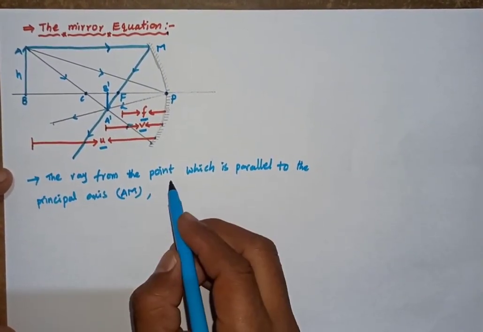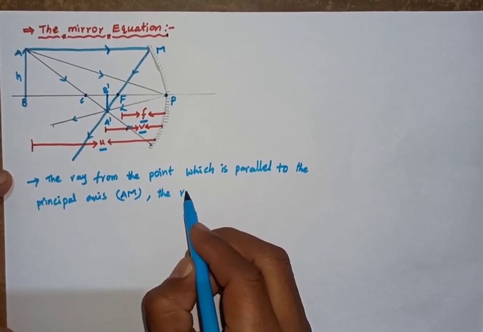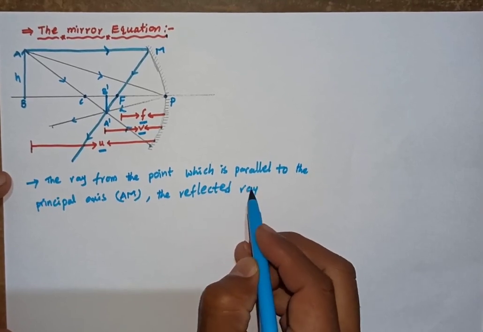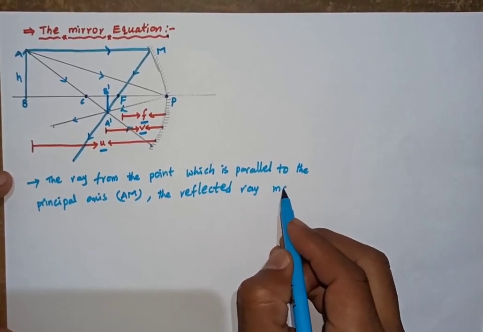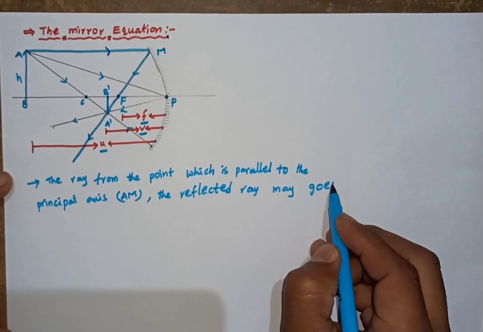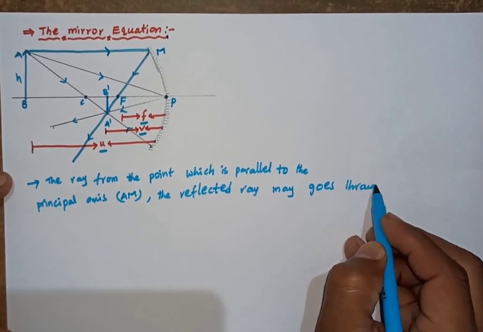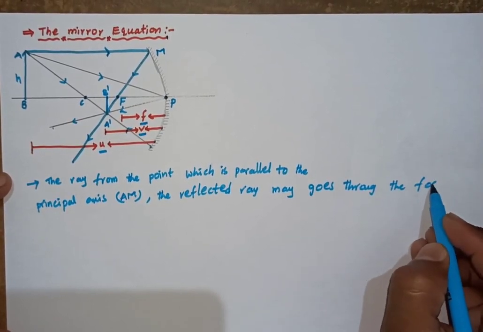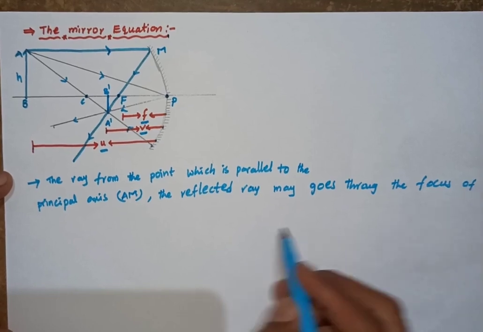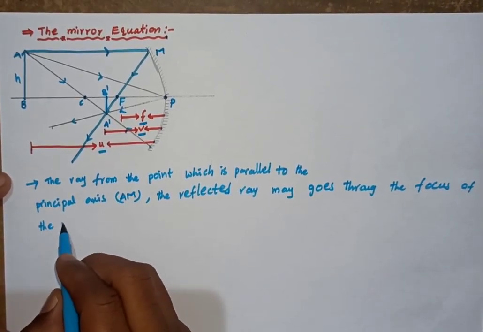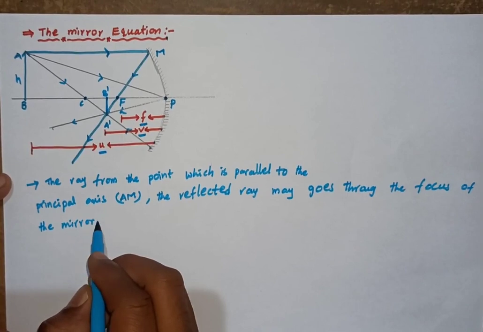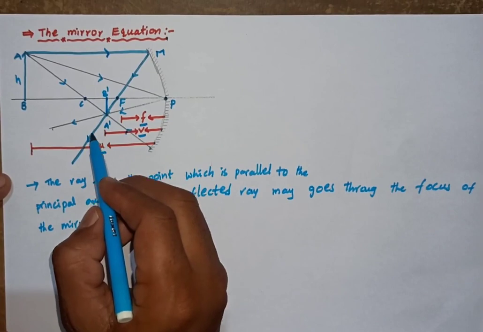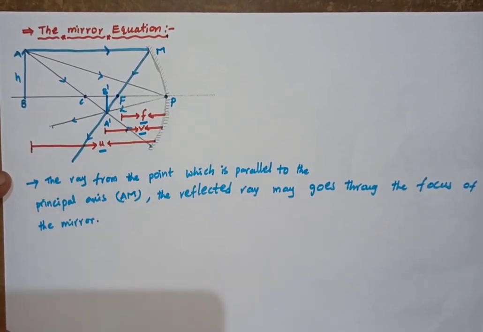The reflected ray goes through the principal focus of the mirror.